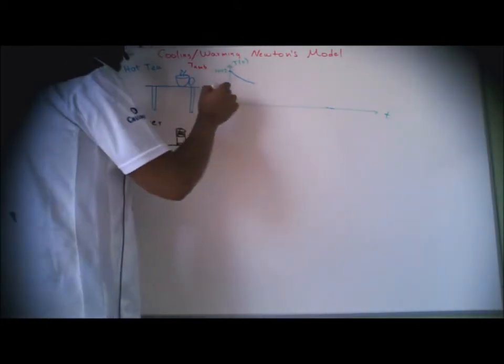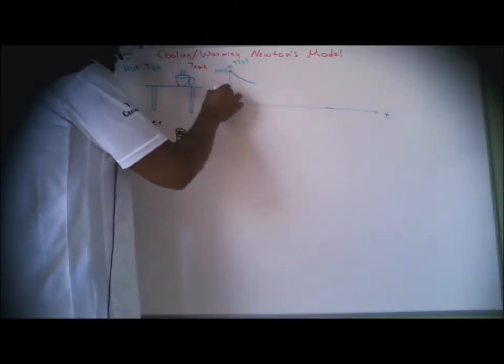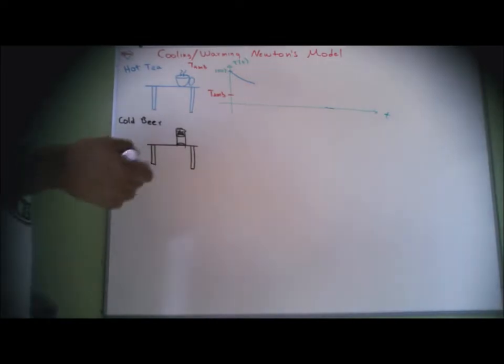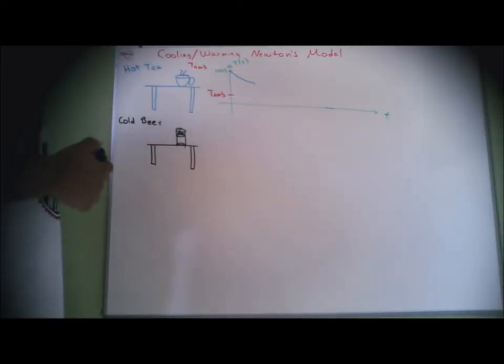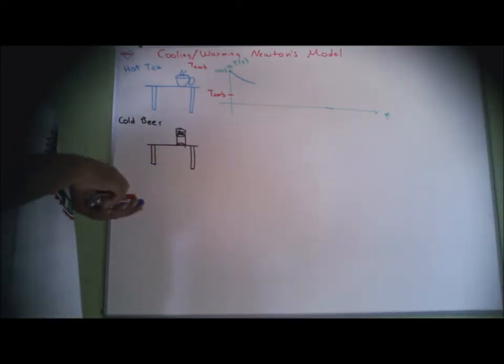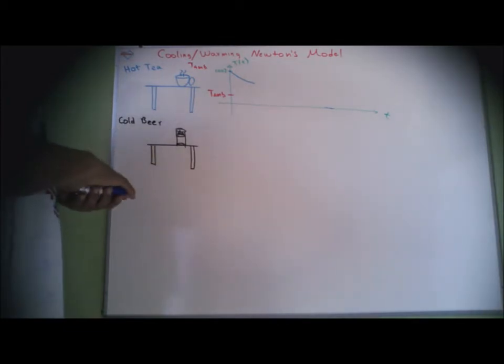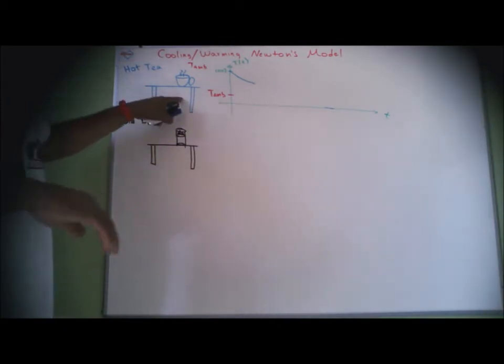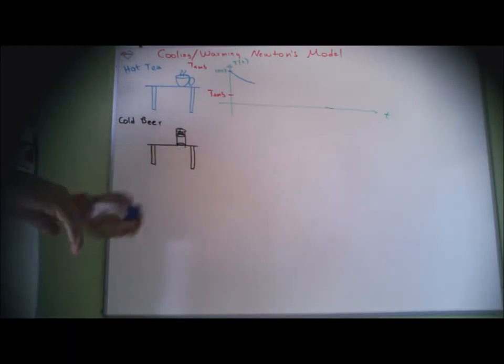So assume that we have a T ambient somewhere like here, 20 degrees or 25 degrees depending on the day. The ambient temperature changes through time, but let's assume that in a short period of time it remains constant.